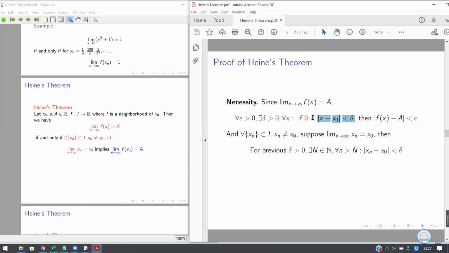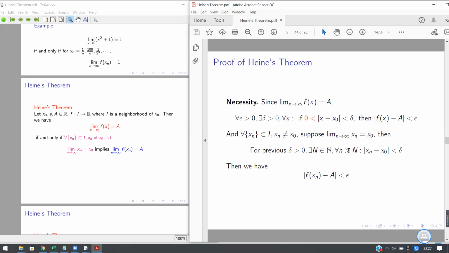So this condition holds. According to this proposition, if this condition holds, we have this. So we just substitute f at this x position as xn, then we have the absolute value of f(xn) minus a less than epsilon. Then we can conclude the blue one.